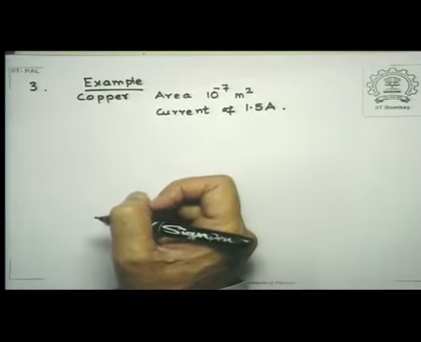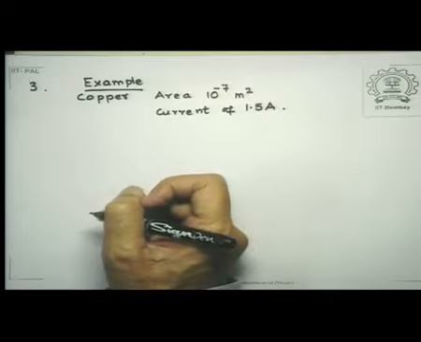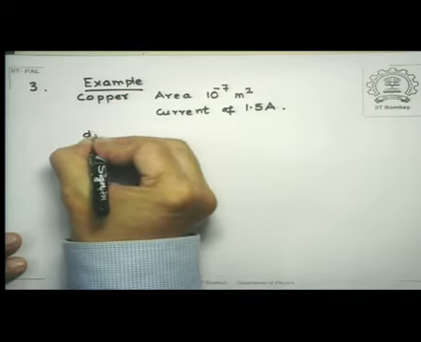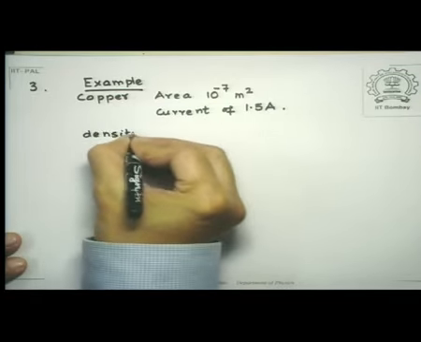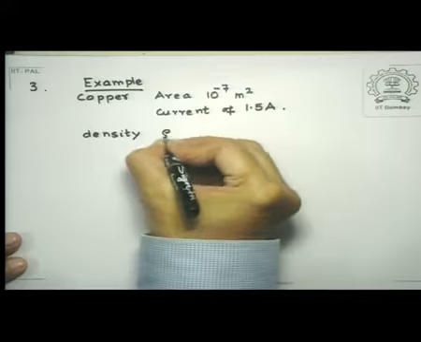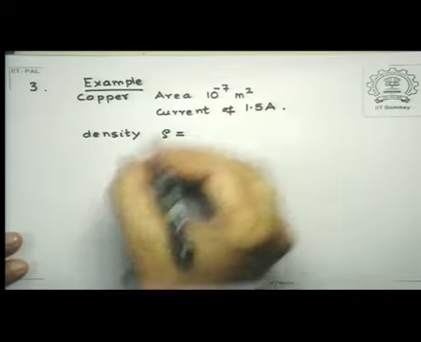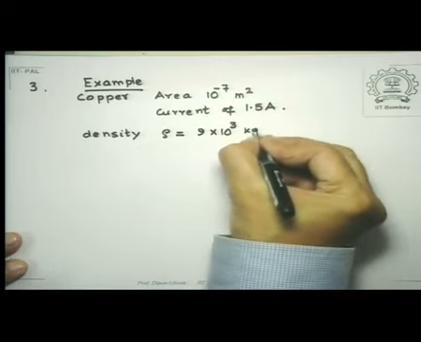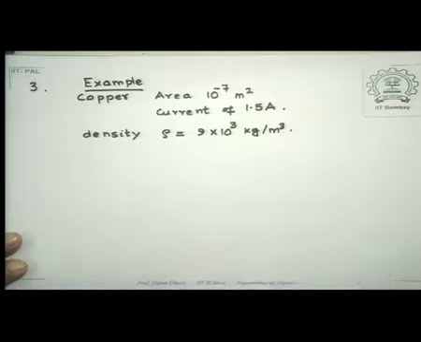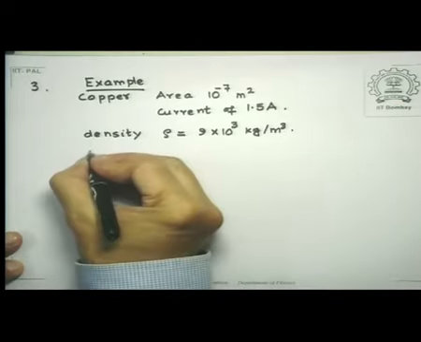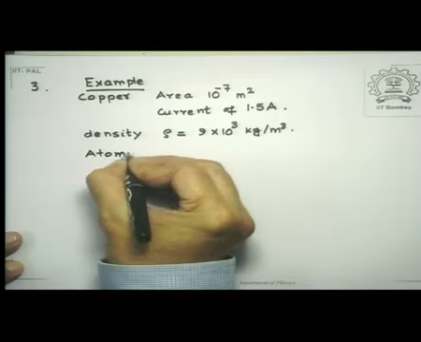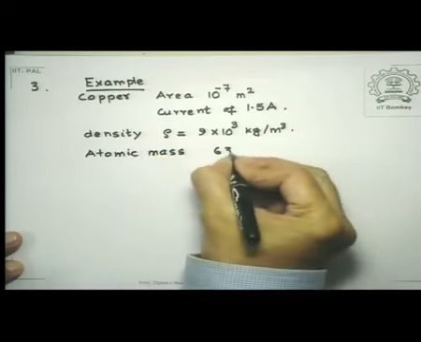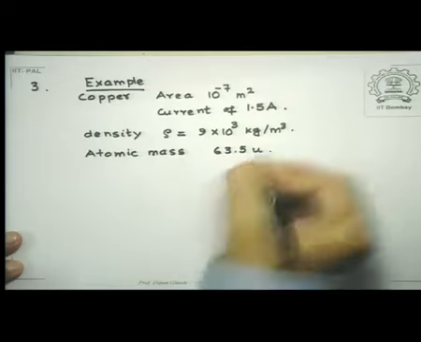We assume that each copper atom provides one electron to the free electron gas, and the density of copper atoms, rho, so not to confuse with n, is 9 into 10 to the power 3 kilogram per meter cube. Atomic mass of copper is 63.5 units.